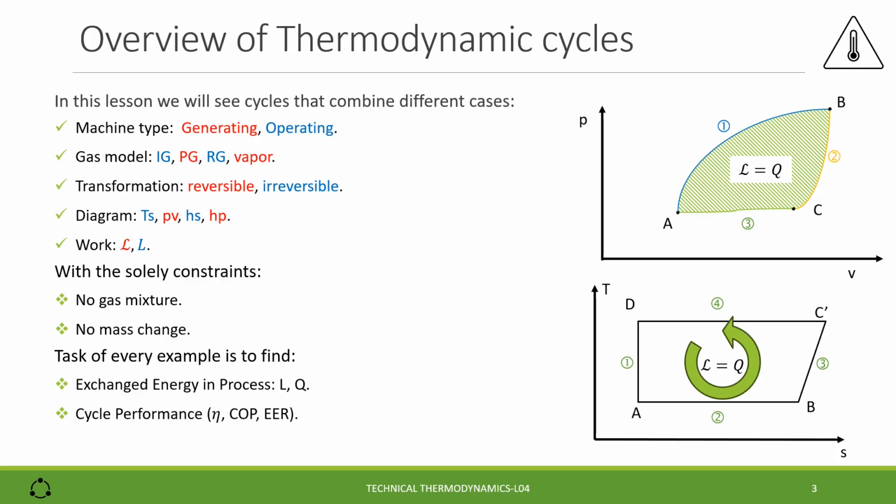We remember that the definition of efficiency is only valid for the generation machines, where the thermodynamic work is given to the recipient, also for thermodynamic work positive.